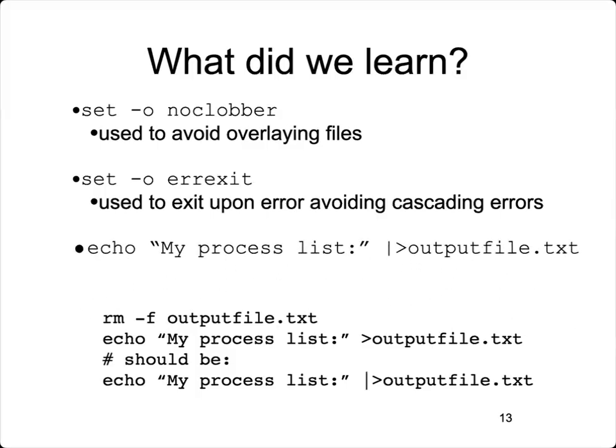And then what I didn't show, but what's really cool, is that instead of removing the file or moving the file, you can add a vertical pipe and greater than, and that tells it for this redirection, it's okay to clobber the file.